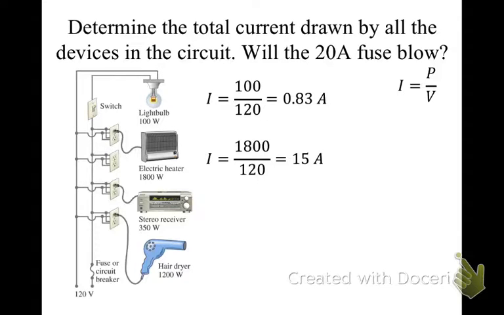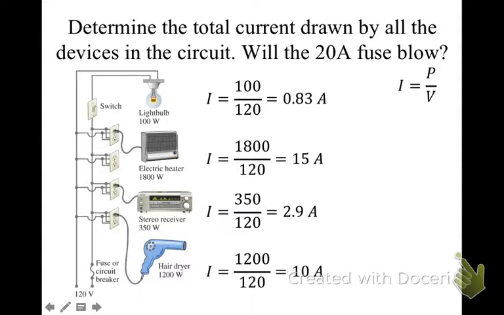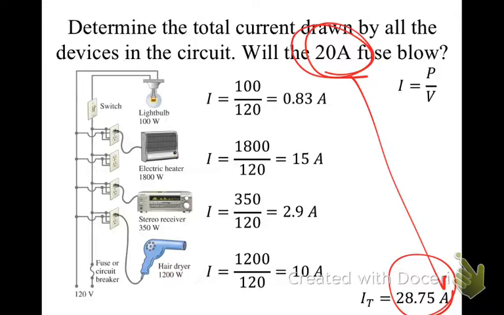Our 1800-watt heater draws 15 amps, 3 amps from the stereo, 10 amps from the hairdryer, and all I have to do is add all these up, which gives me 28.75 amps. Since my fuse is designed to run on 20 amps, and I'm taking 28 amps, that means in this case the fuse will blow.